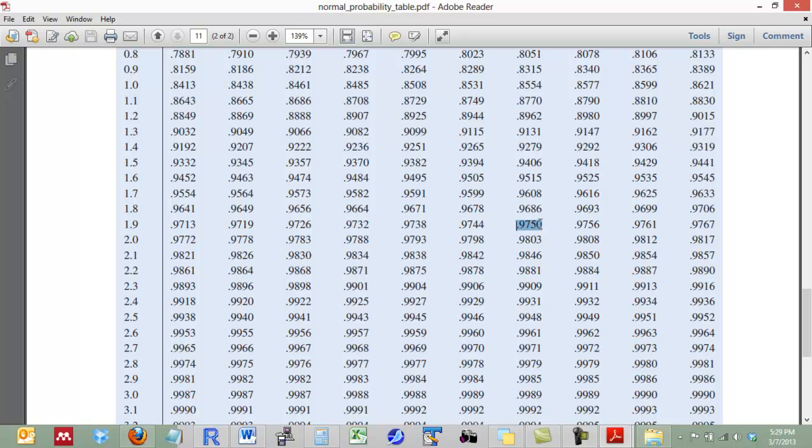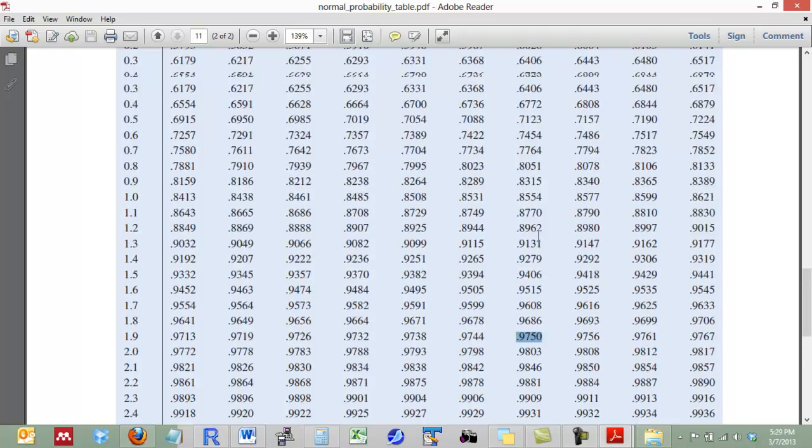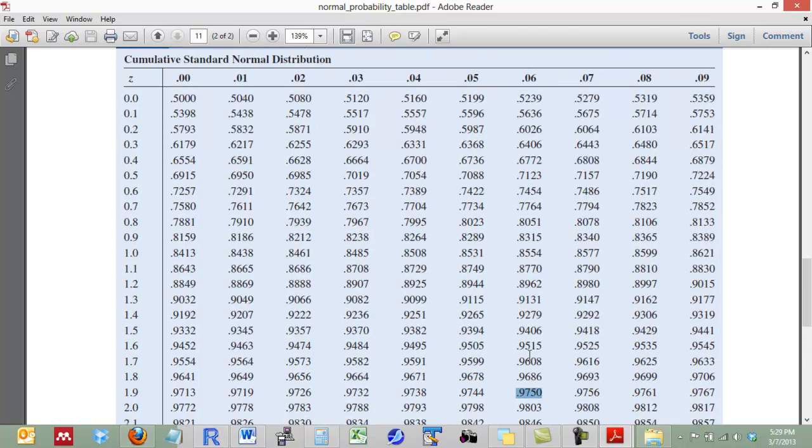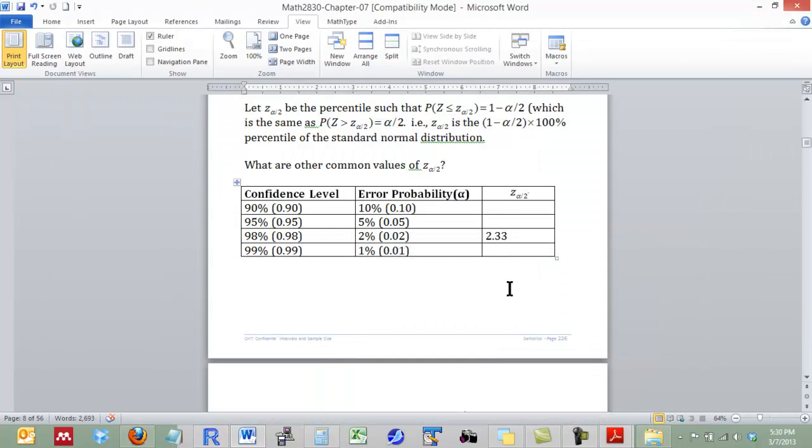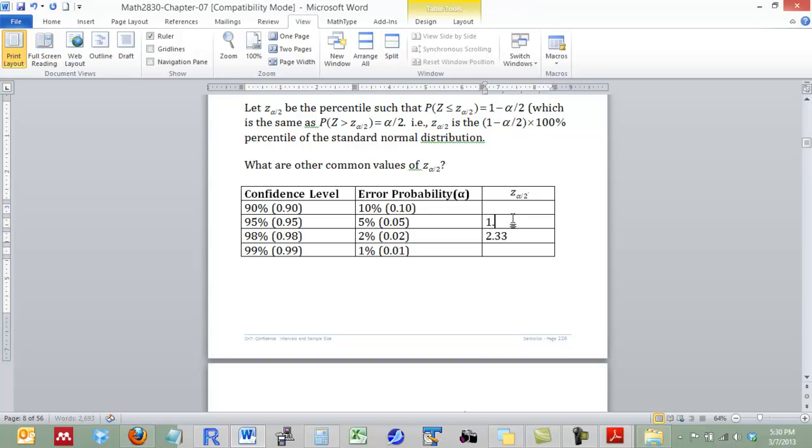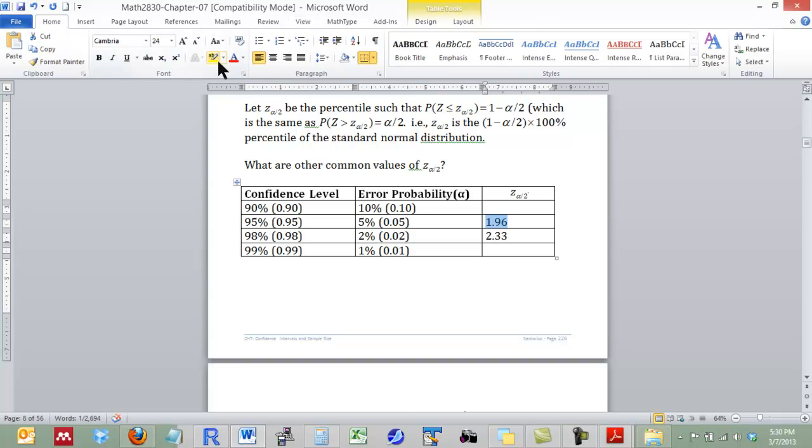You'll notice right here, you have a 1.9 and then 6 above. So 1.96 is the value that will have 0.975 below and 0.025 above.